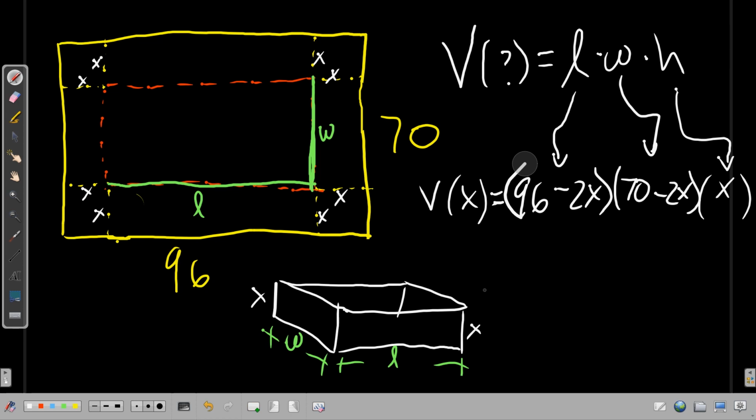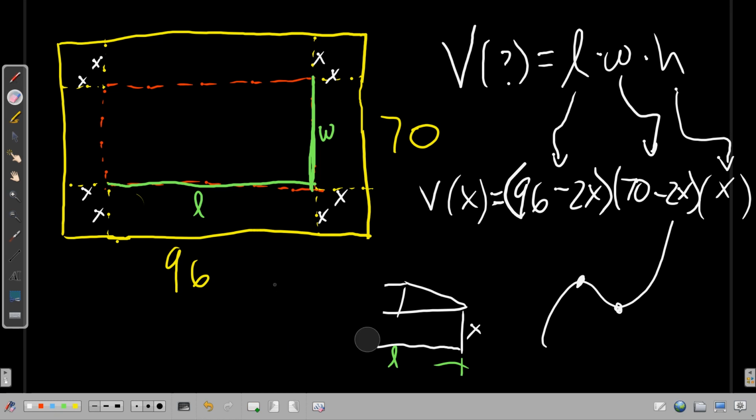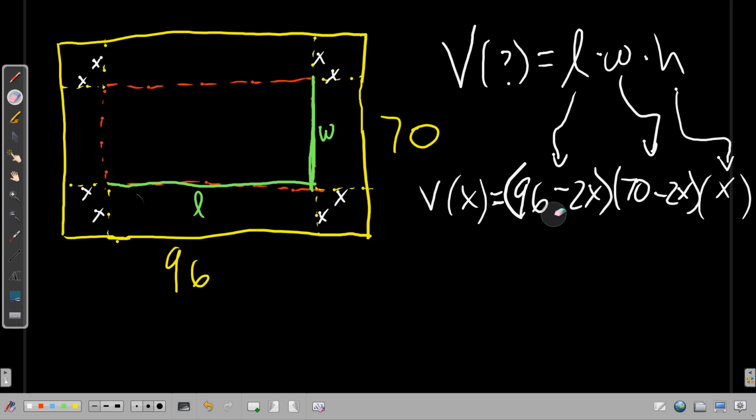Now I have a function of x, and it's going to be a cubic function. It'll be shaped like this. So it'll have a local maximum and a local minimum. Okay. Now you could multiply all this out so that you could take the derivative term by term.